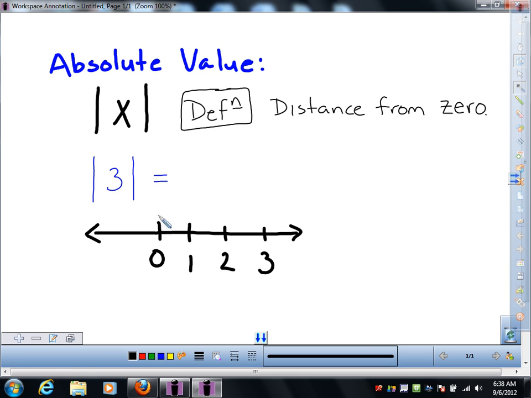So my distance from 0 to 3 is 3 units, whatever those units might be. So that's why my absolute value of 3 is the number 3.